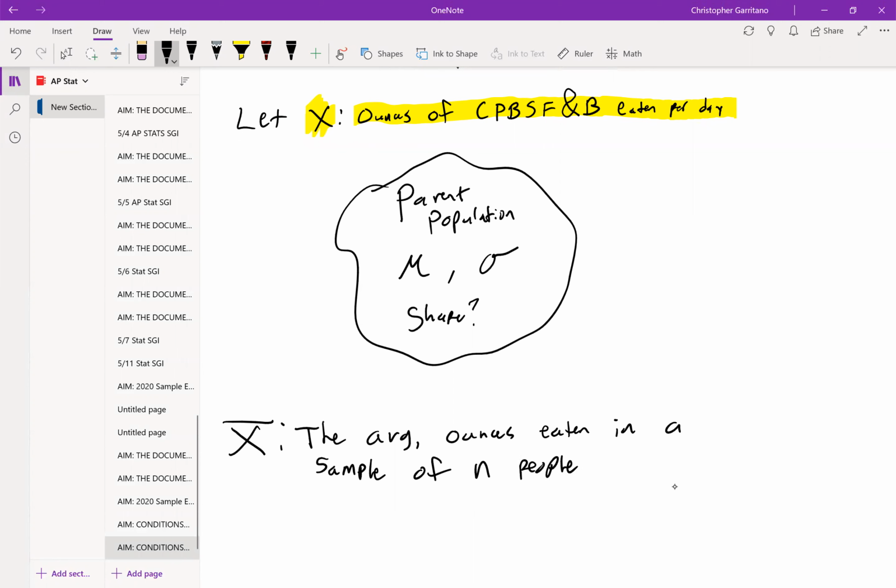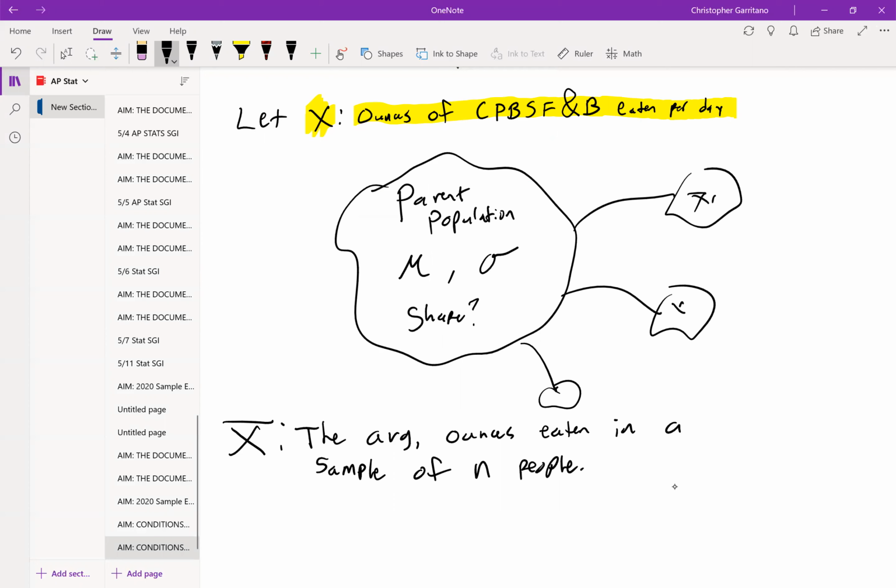from this population, it turns out that there's a very predictable pattern of how X bar, how your sample means will be distributed. And what I mean is, assuming we went into the population and took a whole bunch of little samples and got a whole bunch of X bars.